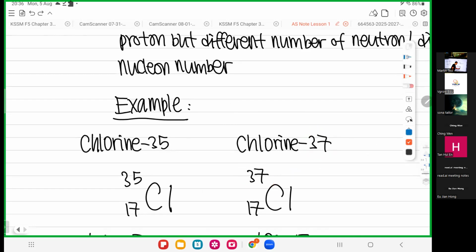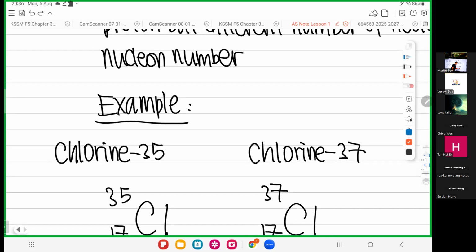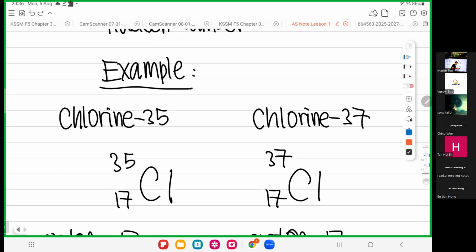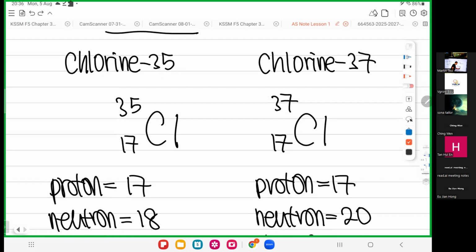You are given chlorine 35 and 37, and these two are isotopes. Why? They have the same number of protons, both have 17 protons, but they have different nucleon numbers, or different number of neutrons. How to find neutrons? Big number minus small number. So you can see the neutrons are different.